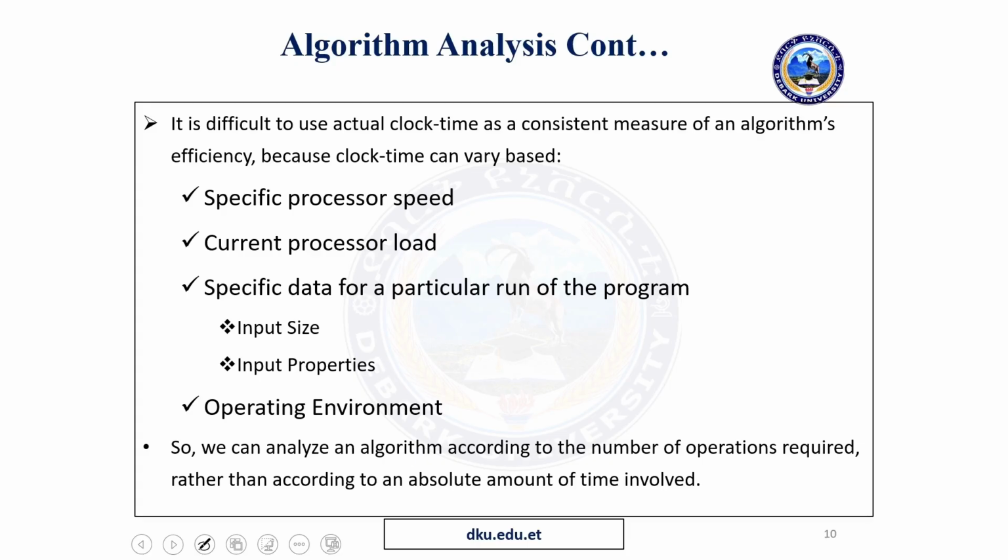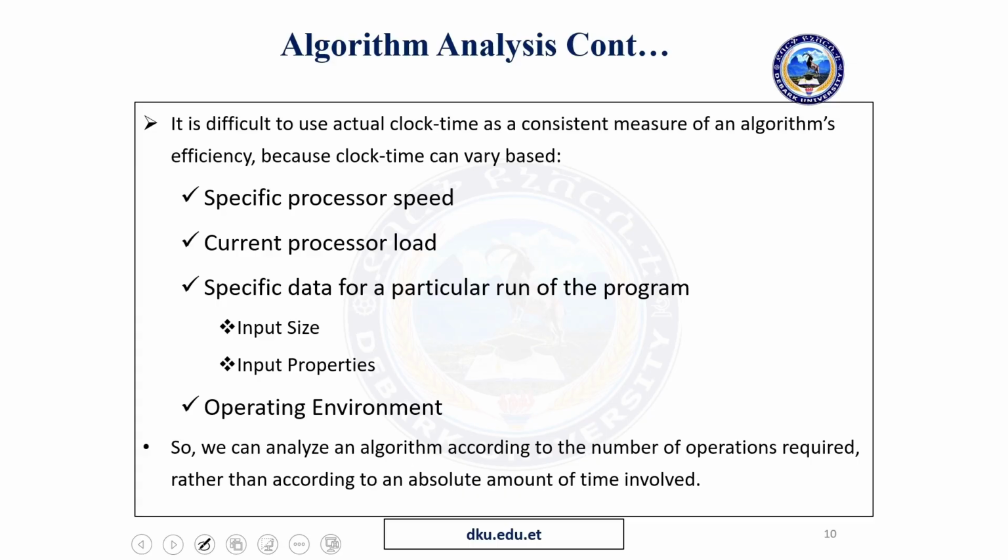factors. The first factor is specific processor speed. So one computer may differ from another computer based on their processing speed. So this is the first factor. The second factor is current processor load. And the third factor is specific data for a particular run of the program, like input size and input property.